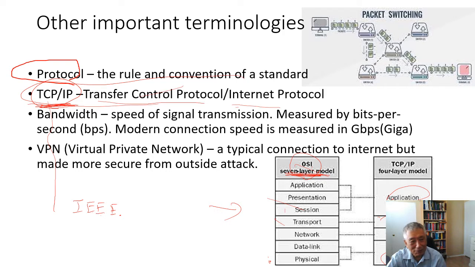A lot of scholars are making the standards. When they talk about bandwidth, it is how fast the signal is. Bandwidth originally meant how broad the road is. On a highway, when the road has only one lane, it's going to be very slow, even if there's no traffic accident.